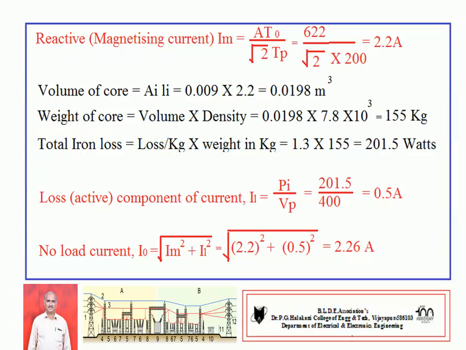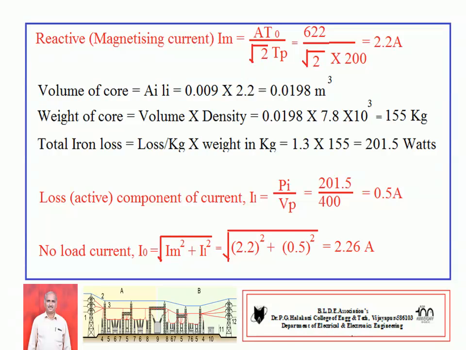Then weight of core equal to volume into density, we are going to get 155 kg. Total iron loss is loss per kg into weight in kg. Kg will cancel, remaining is watts. So 201.5 watts.